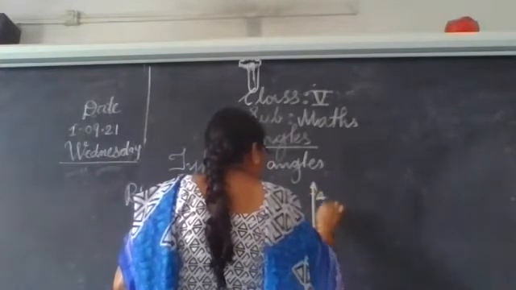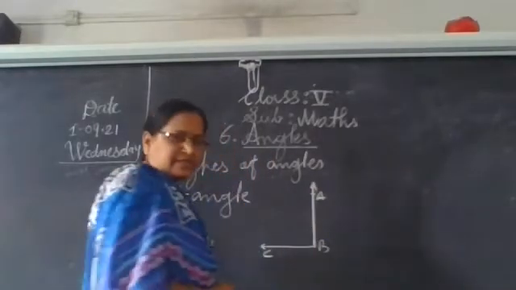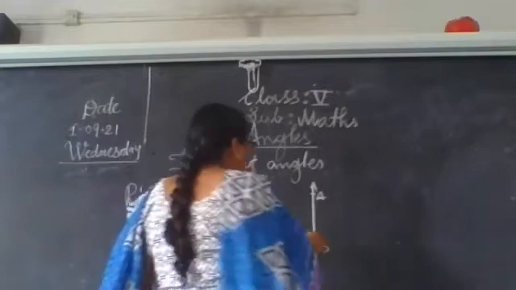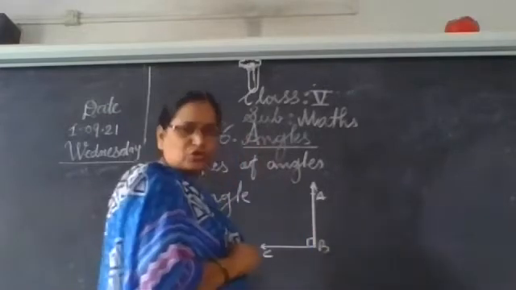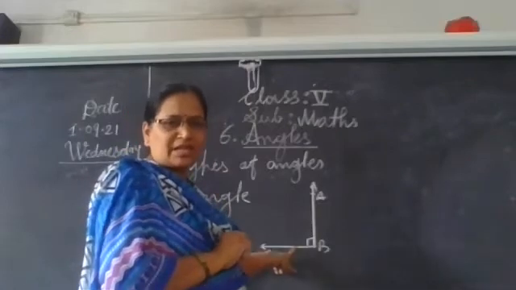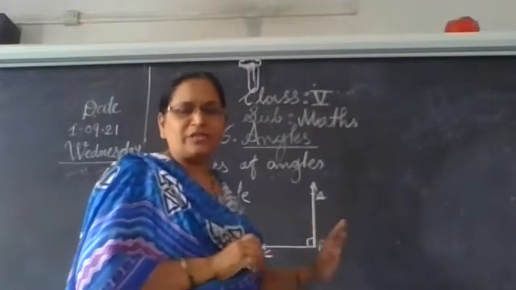It is points A, B, and C. And see, children, 90 degrees is always shown by a small square. So whenever you see this sign, that means there is a 90 degree angle. Got it, beta?